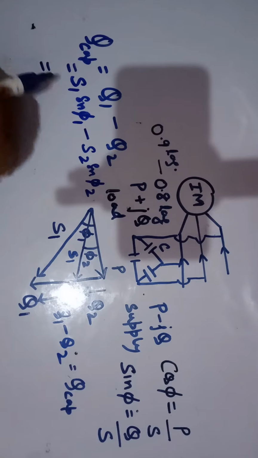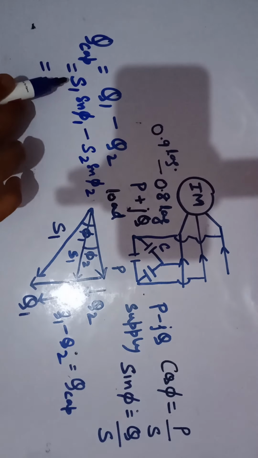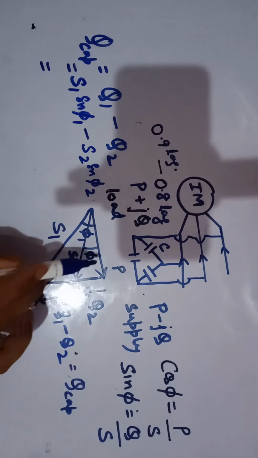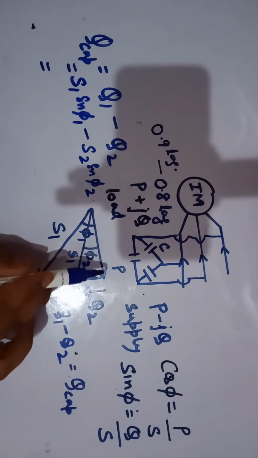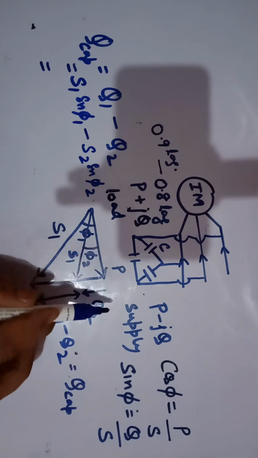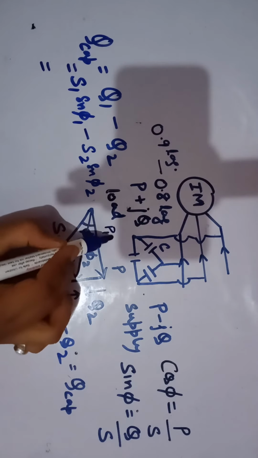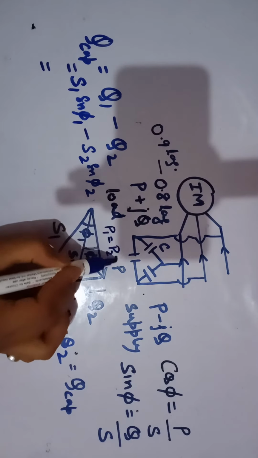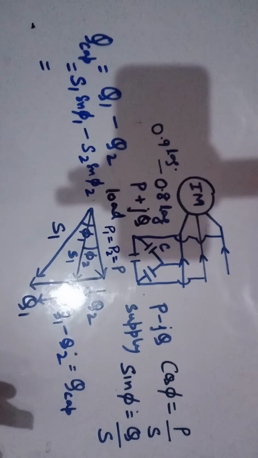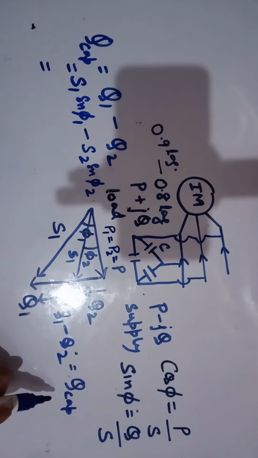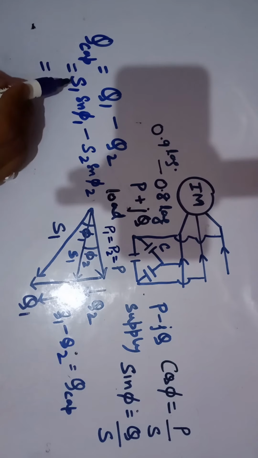Now put the formula here. In place of S I want to put P, as P1 and P2 are the same, because my load is taking the real power, which is not changed. We are just supplying the reactive component. So what can I write in place of S1?